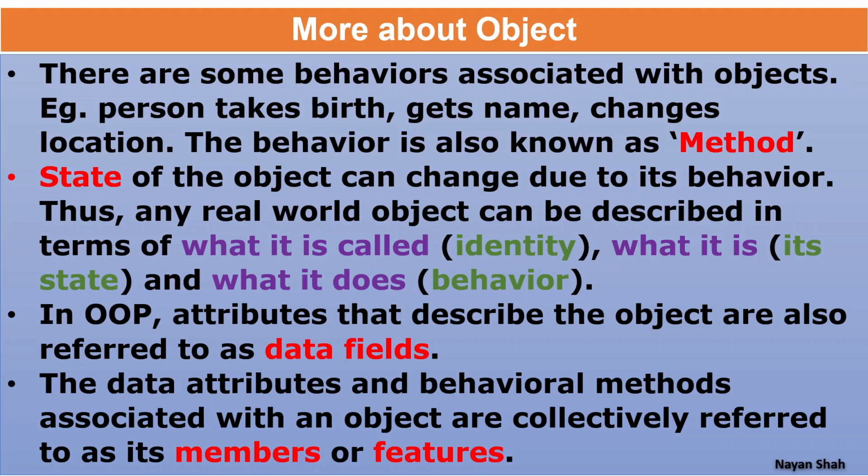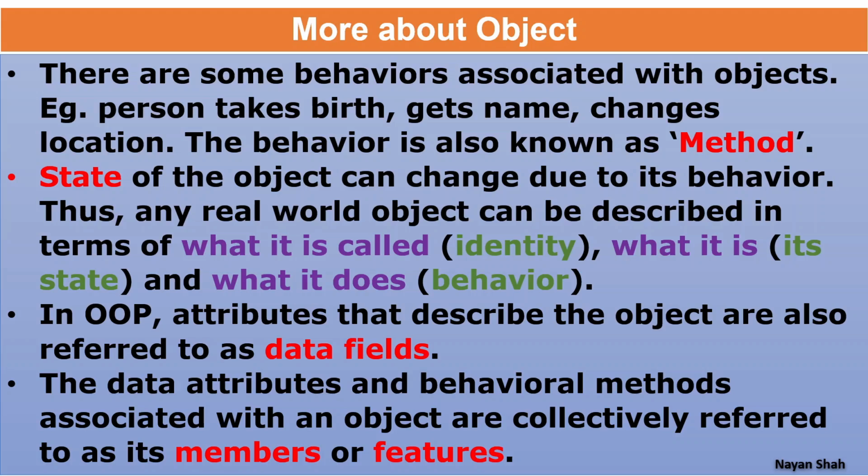Let us understand this with an example. Student 1's address, let's say the city is Rajkot. Now he is shifting to Ahmedabad. So the name of the city in his object will change to Ahmedabad. What happened is a behavior: the change of city is a behavior.